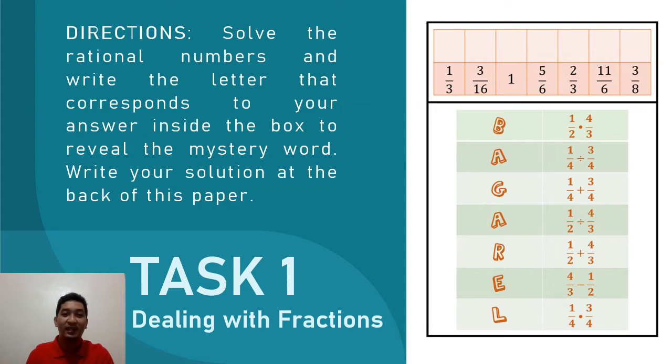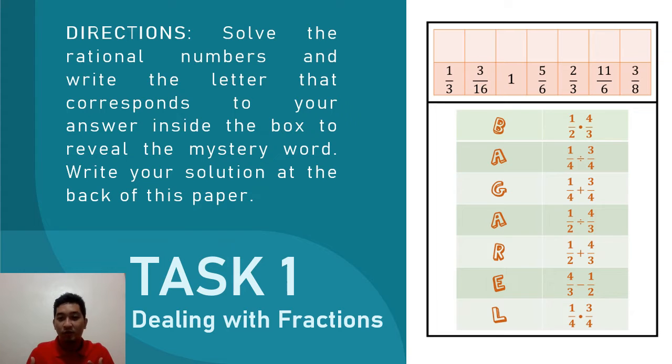And that's why in task 1, you have to deal with fractions. So what's the direction for task 1? You have to solve the rational numbers and write the letter that corresponds to your answer inside the box to reveal the mystery word. Write the solution at the back of your paper.